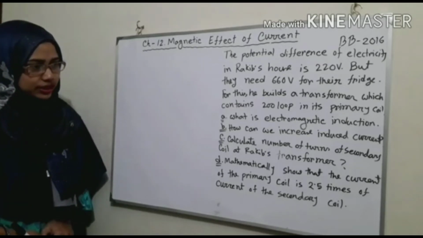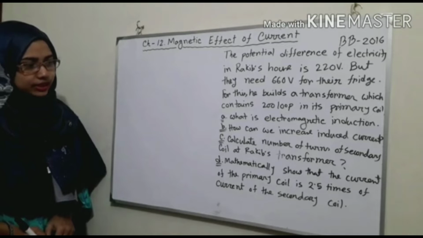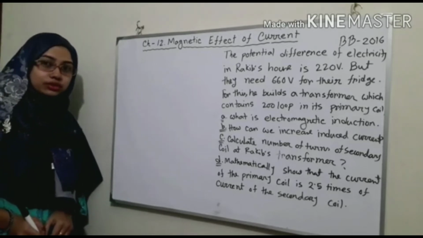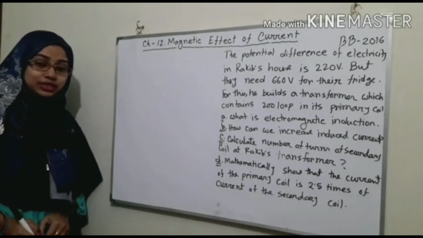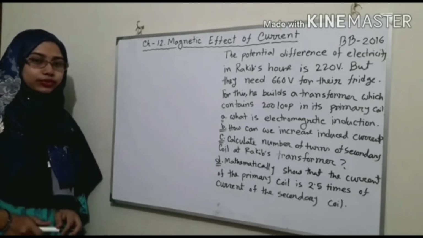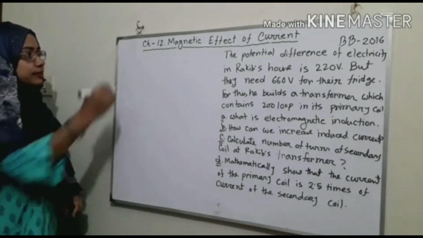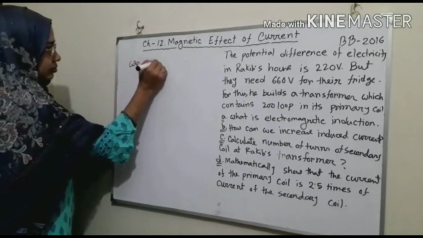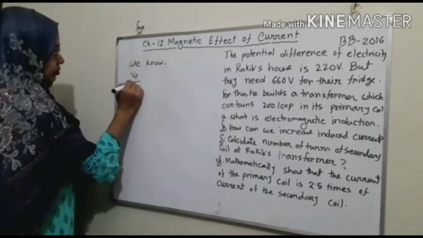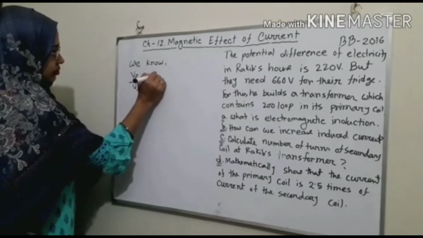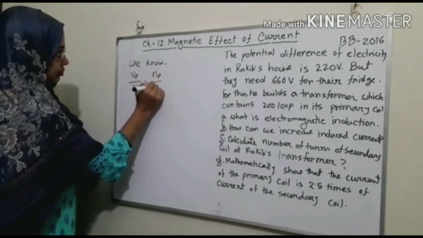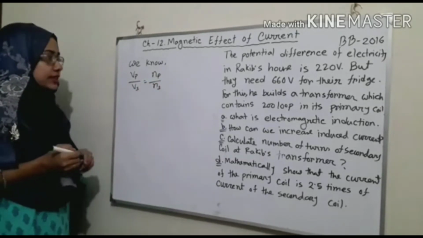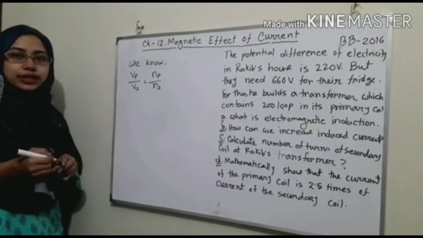In part C it is said, calculate the number of turns of the secondary coil in Rakib's transformer. So we have to find the number of turns for the secondary coil. To do so, we write the formula first, and the formula says Vp by Vs equals Np divided by Ns.